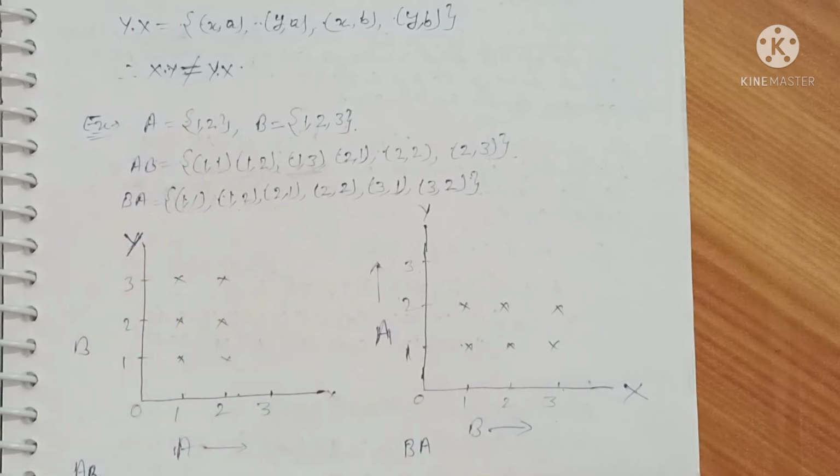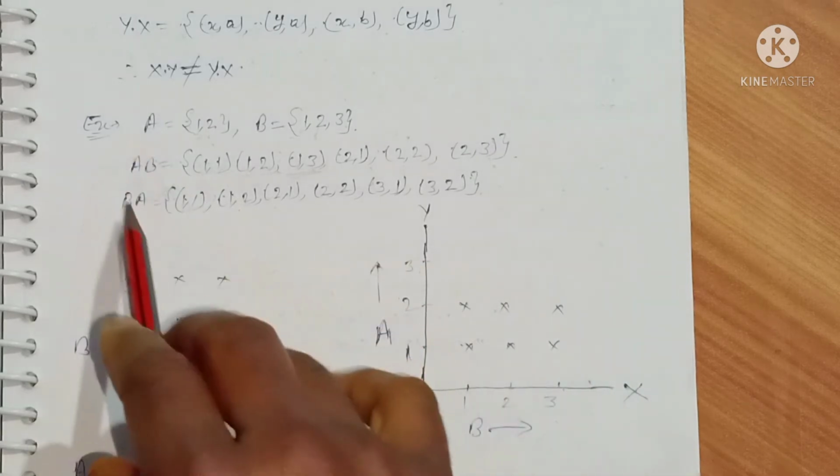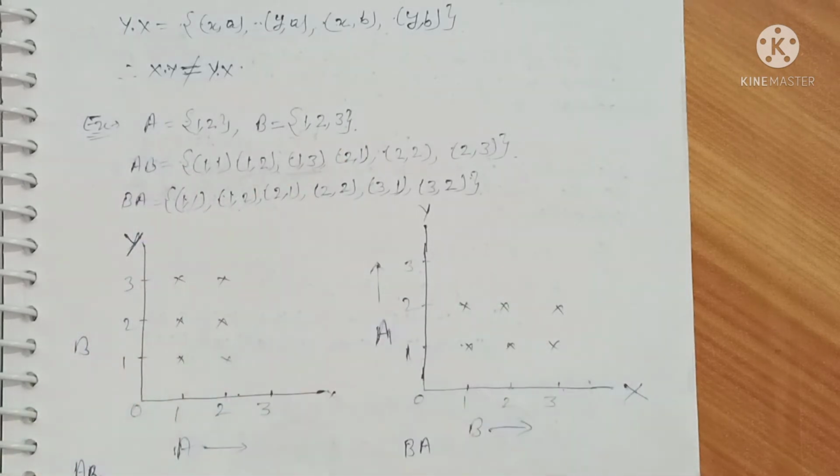So this is the way we find it. These two are different: the Cartesian products of sets A and B are different.